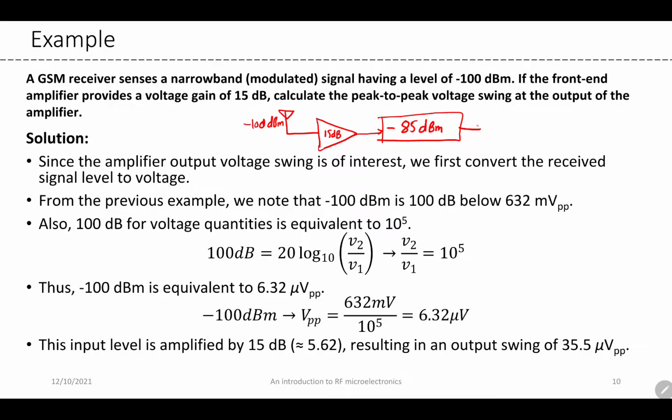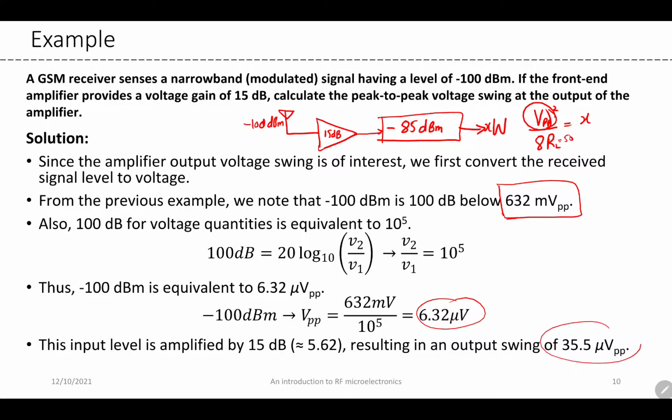Now you can convert this minus 85 dBm to watts, say it converts to x watts, then you can say VPP squared by 8 RL is equal to x. Then RL you know is 50. Then you can again calculate VPP from there. It involves a bit of maths, but if you remember these numbers, you can simply look at a table and get these values quickly.